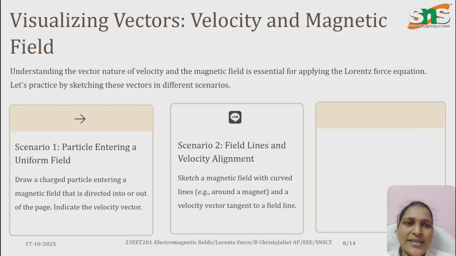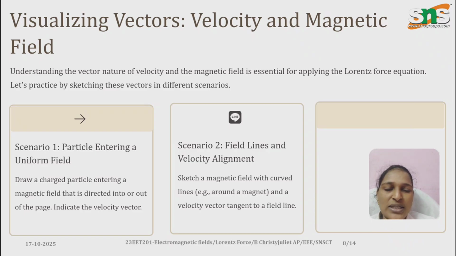Now, in order to understand the vector nature of velocity and magnetic field, we can apply the Lorentz force equation in practice by sketching a practical scenario in which a particle is entering a uniform field. You can easily visualize these magnetic force vectors for a particle entering a uniform field, or moving along the field lines, aligned with the field lines.